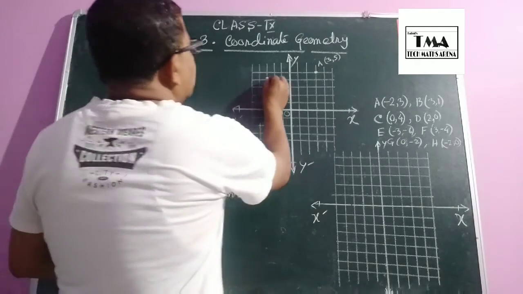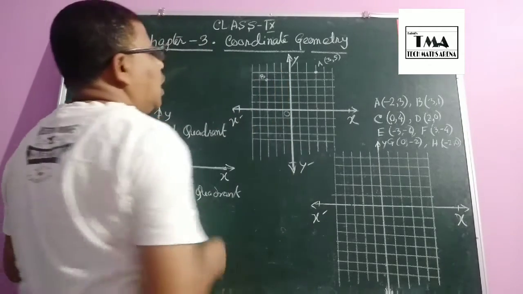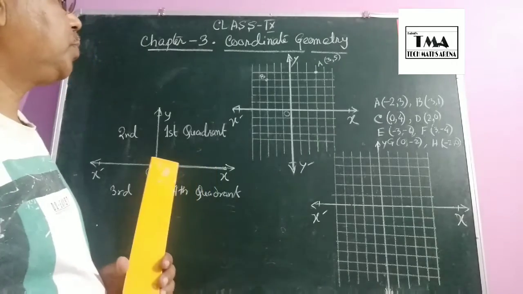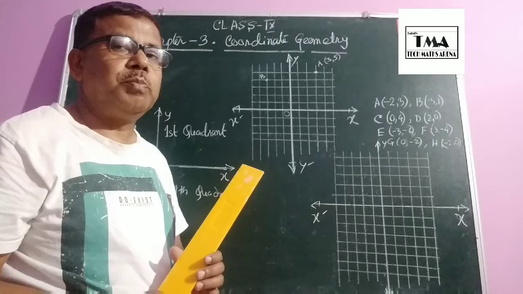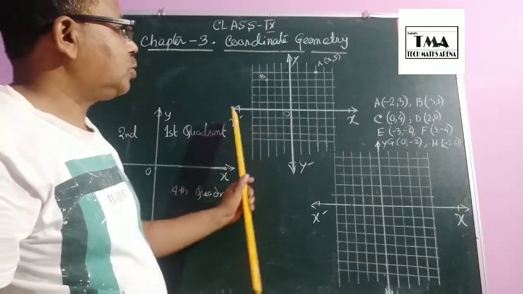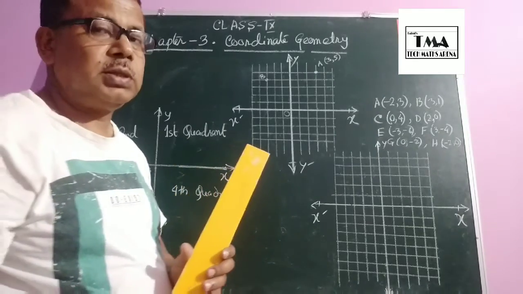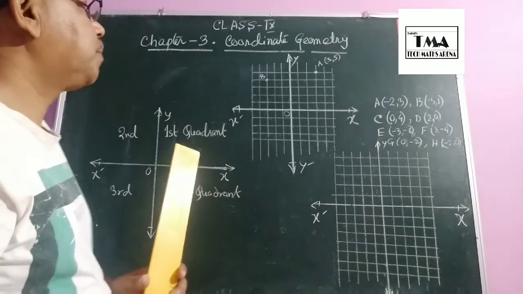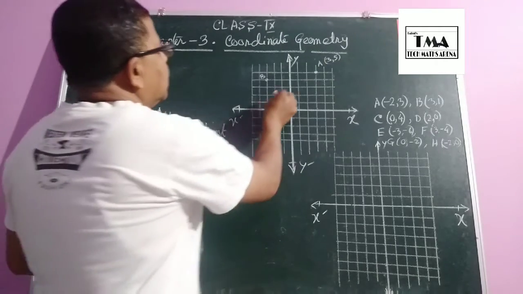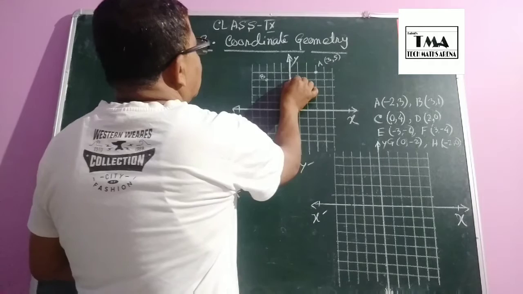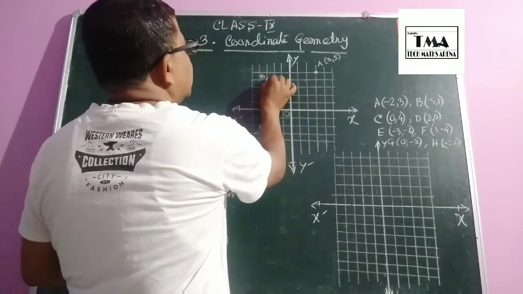Now suppose we have a point in the second quadrant which is named B. Now how can we say the location of B with respect to these mutually perpendicular lines, or you can say axes? Towards the left side, the distance from the y-axis is 1, 2, 3.